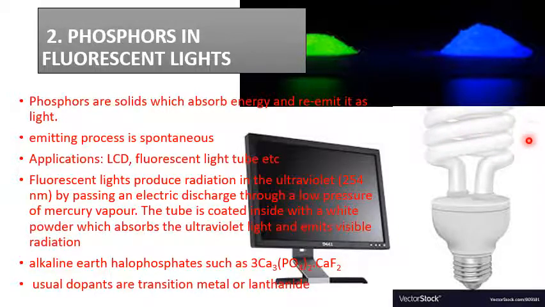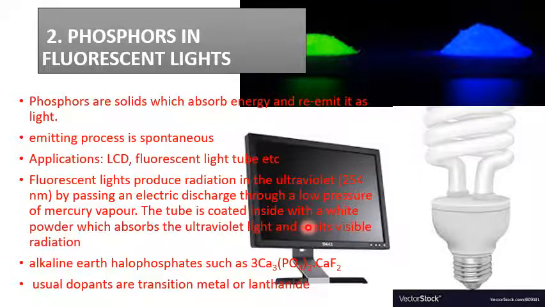Inside it, ultraviolet radiation is produced by passing an electric discharge through a low pressure of mercury vapor or any other gas. So when the electric discharge is passed, ultraviolet radiation is produced in the gas present inside the tube.